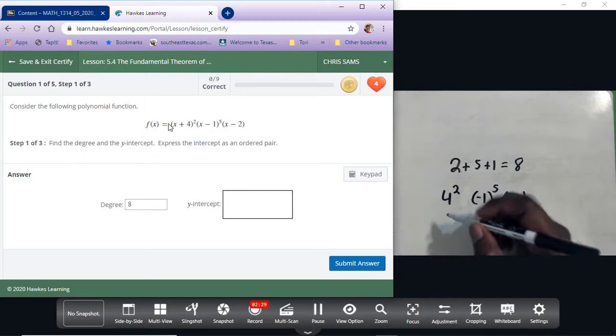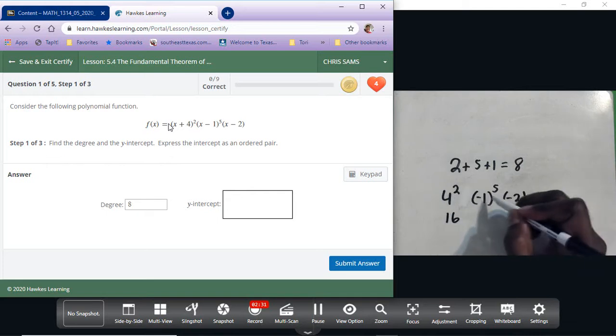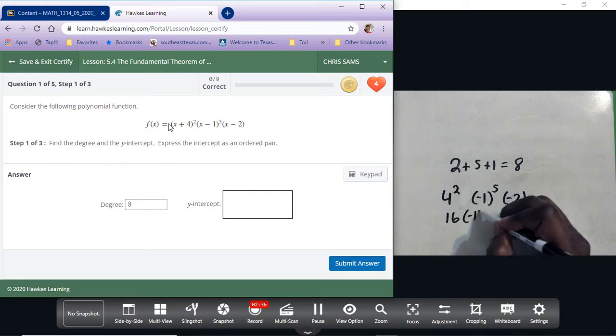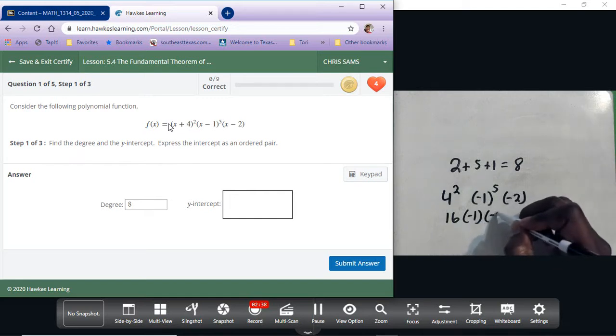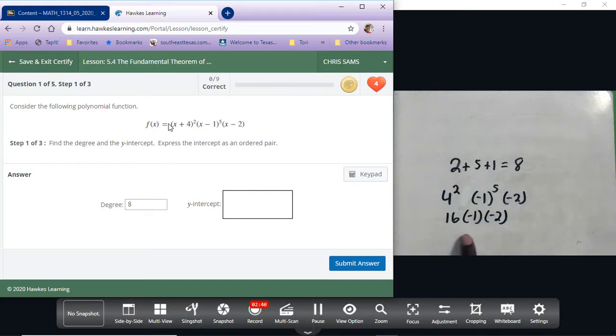So 4 squared gives us 16. Negative 1 to the 5th is still going to be negative 1. And then negative 2. So when we multiply this, this becomes a positive 2 times 16. That gives us 32. So that is going to be the y value. They want us to write it as an ordered pair.